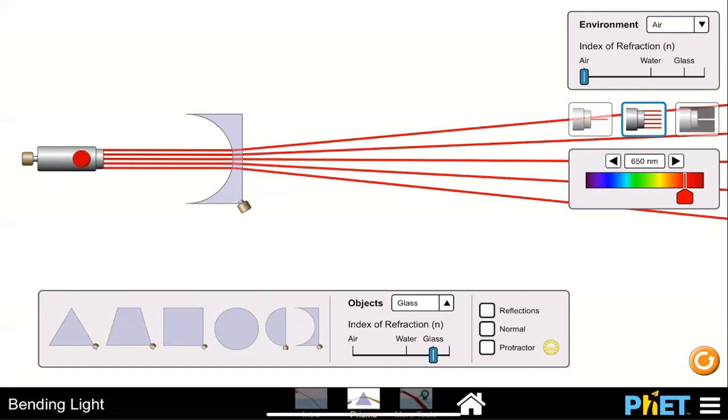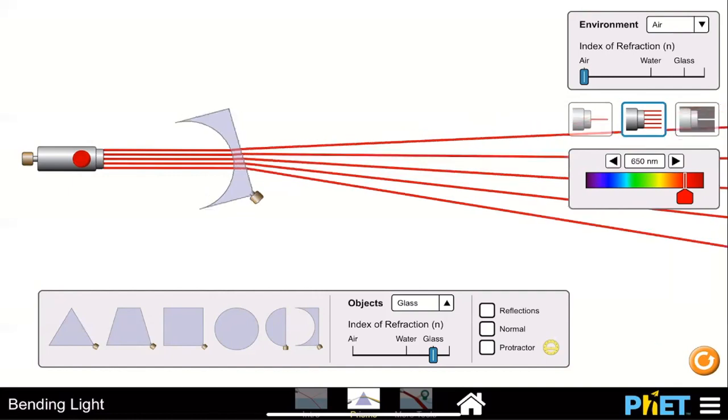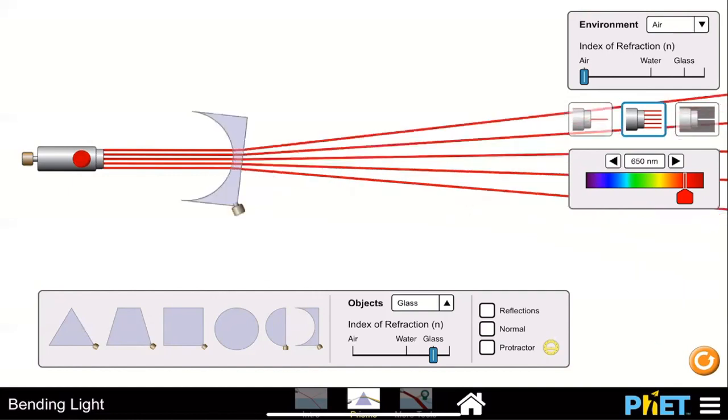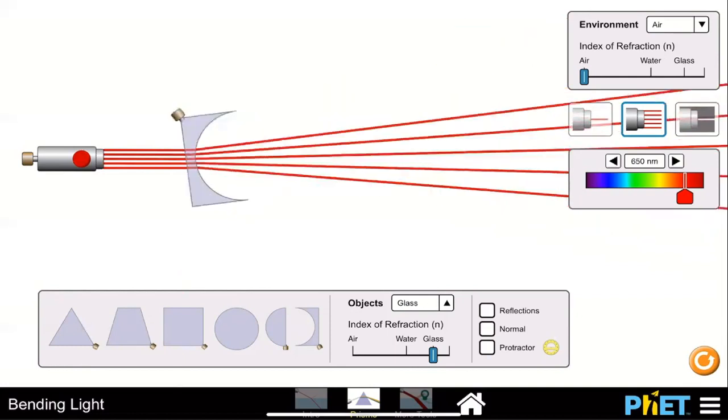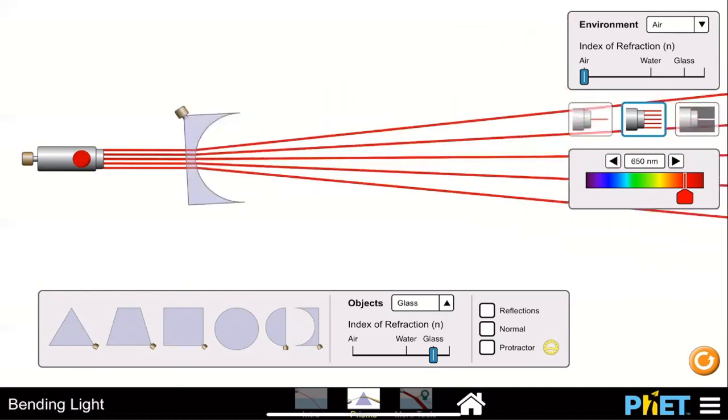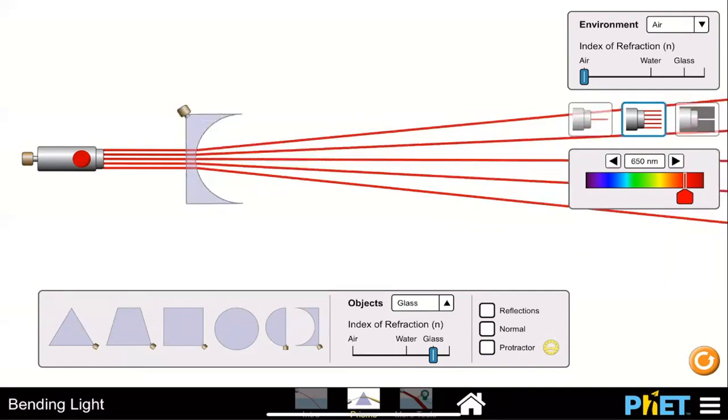It scatters the light rays from the light source as it passes through the lens itself. Whatever angle we use, even if we place it on the other side, it still scatters the light rays.